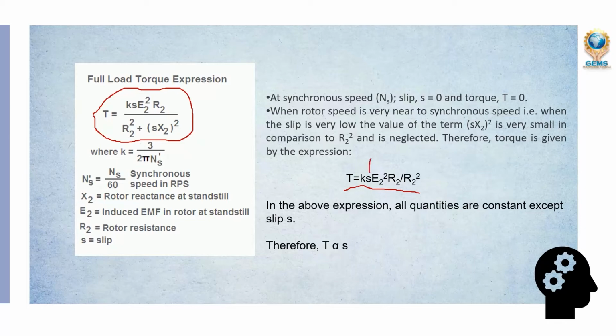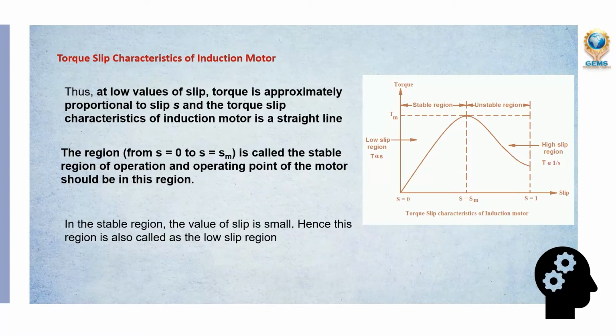If we take all the other values constant, E2 constant, R2 constant, K constant, then the torque is directly proportional to slip. Here both types of regions are mentioned. Next case we will see the next region.